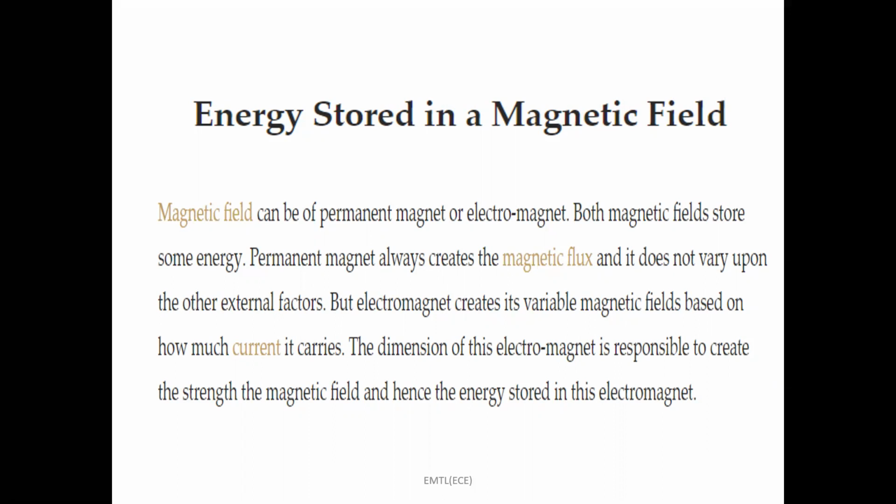I simply say that a capacitor is used to store energy in the form of an electric field, whereas an inductor is used to store energy in the form of a magnetic field.